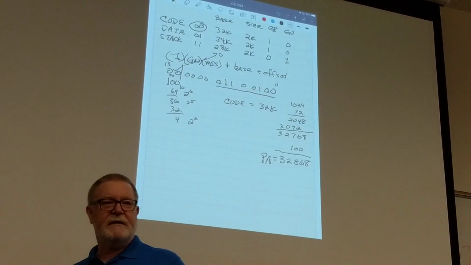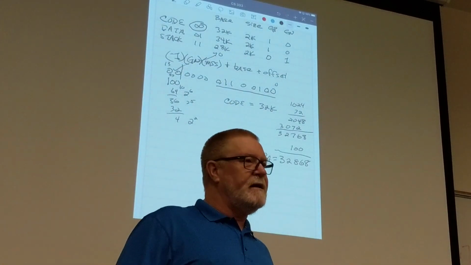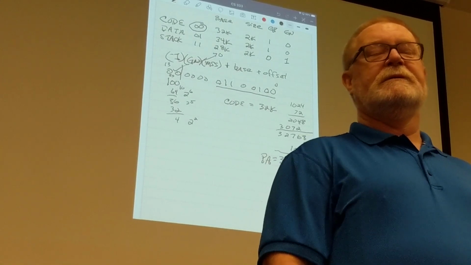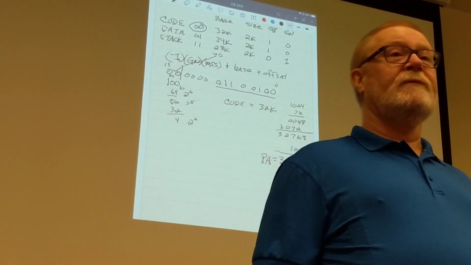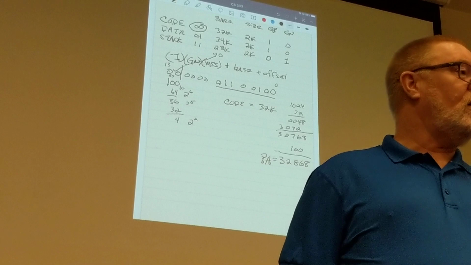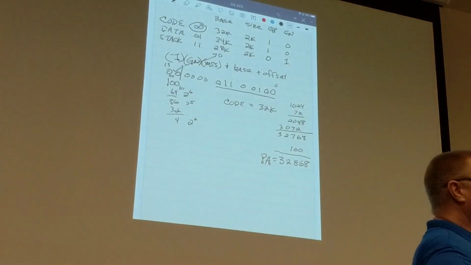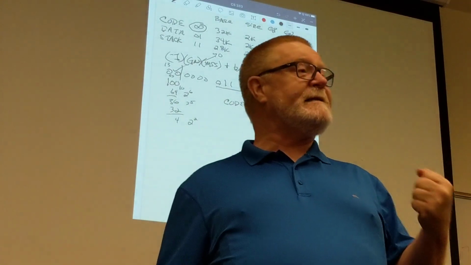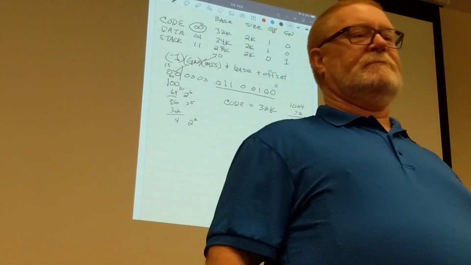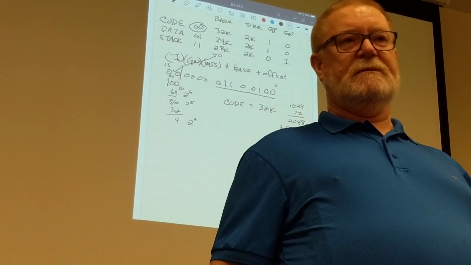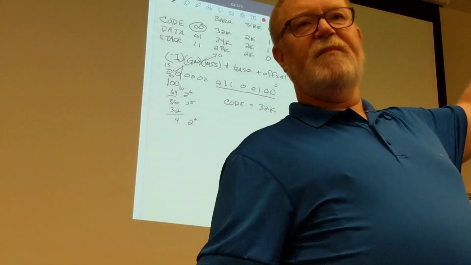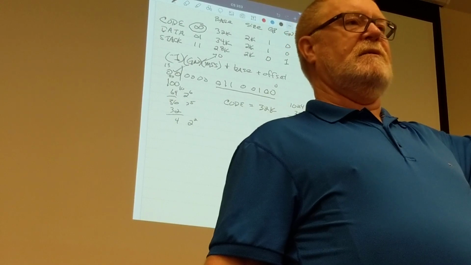Now, how many of you noticed that 32868 is bigger than 4K? Okay. What I want you to know is that for the physical addresses, we get to use all 14 bits. Physical addresses don't have segments. They treat all of memory as one huge array.